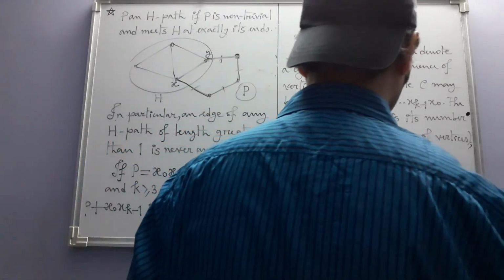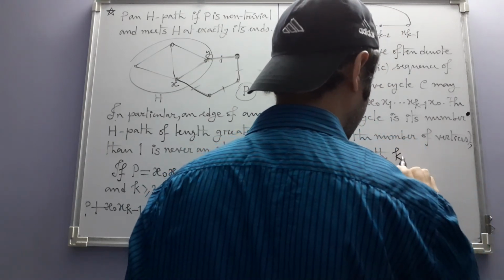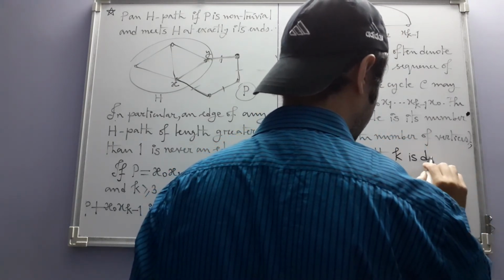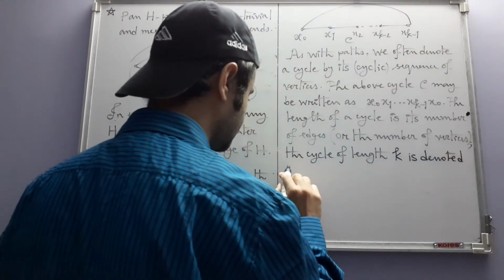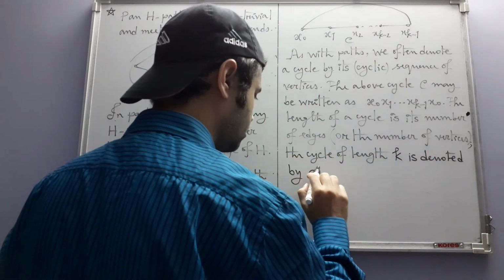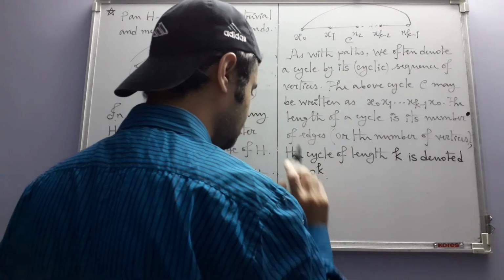Okay, now the cycle of length k is naturally, just like Pk, denoted by Ck.